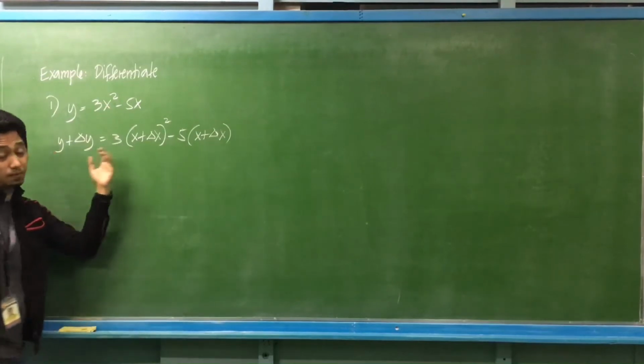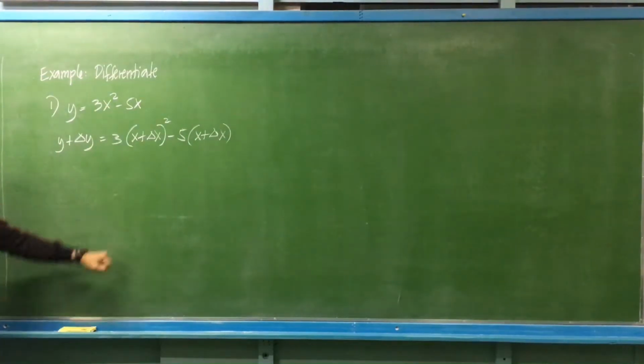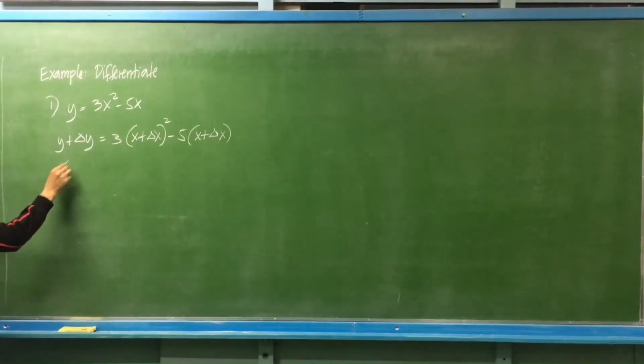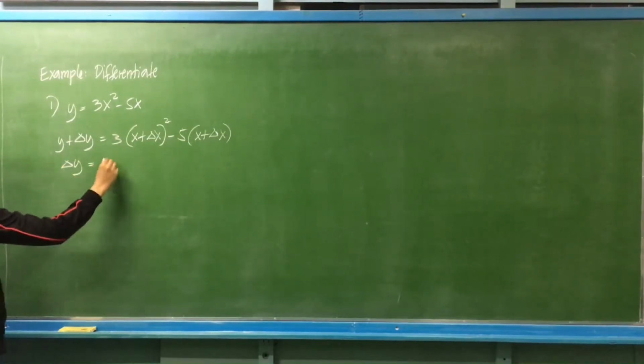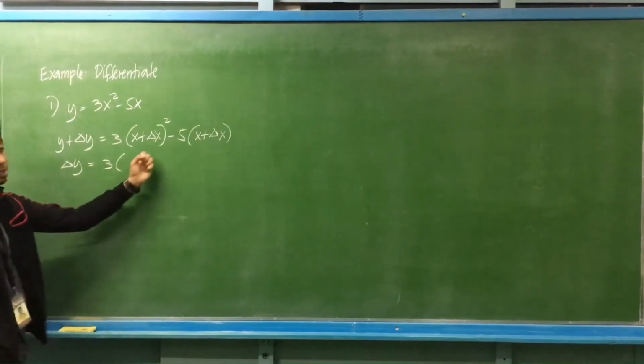There will be a corresponding small change, delta y for delta x. So we have delta y is equal to 3, let us just expand this one.